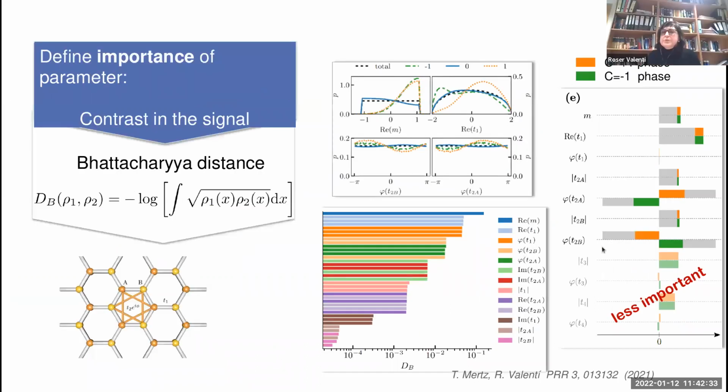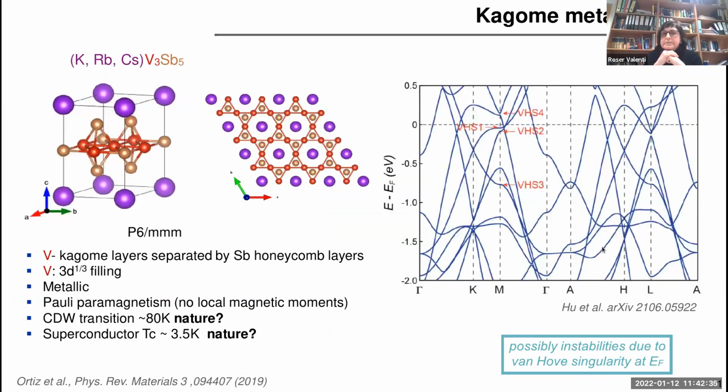So now I'm going to use that for investigating these Kagome metals that are being very intensively discussed, AV3Sb5. In fact, there was a lot of work reporting interesting results about these materials. So I would like to use this type of method in order to investigate topological phases in these materials.